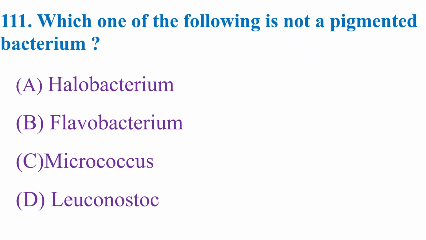Next question, which of the following is not a pigmented bacterium? So Halobacterium produces red pigment. Flavobacterium, yellow pigment. Micrococcus, yellow to orange type pigment.